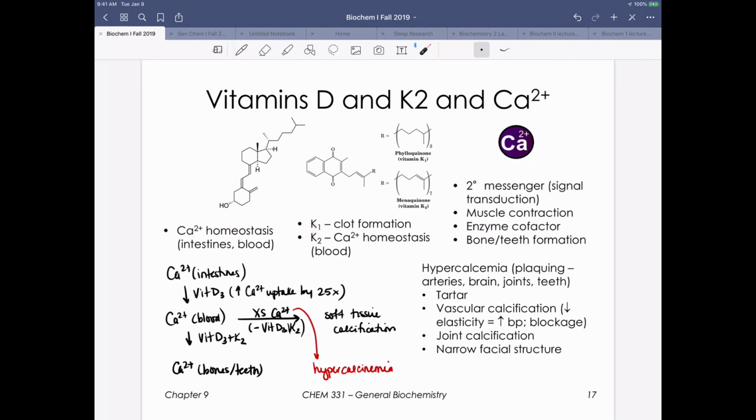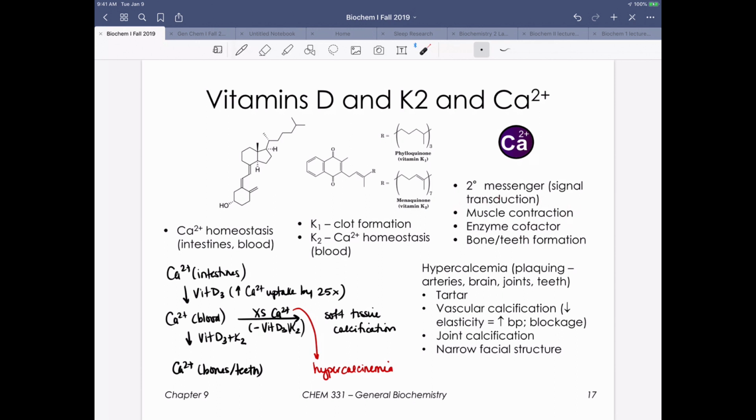So again, calcium is, as we know, an inorganic cation. But what's really important about it is it's a very important secondary messenger. So it allows us to transduce a message, so signal transduction. We have something going on the outside of a cell that can trigger the release of calcium either in or out of the cell, and that can serve as a secondary messenger.